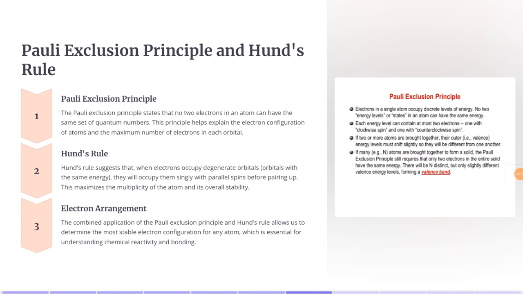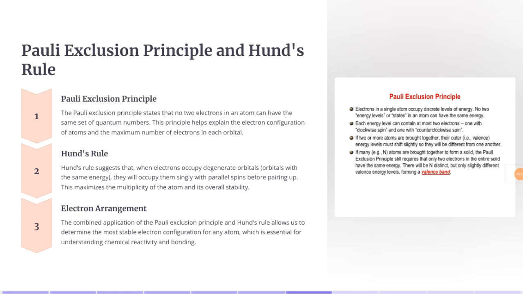Hund's rule suggests that when electrons occupy degenerate orbitals with the same energy, they will occupy them singly with parallel spins before pairing up. This maximizes the multiplicity of the atom and its overall stability.